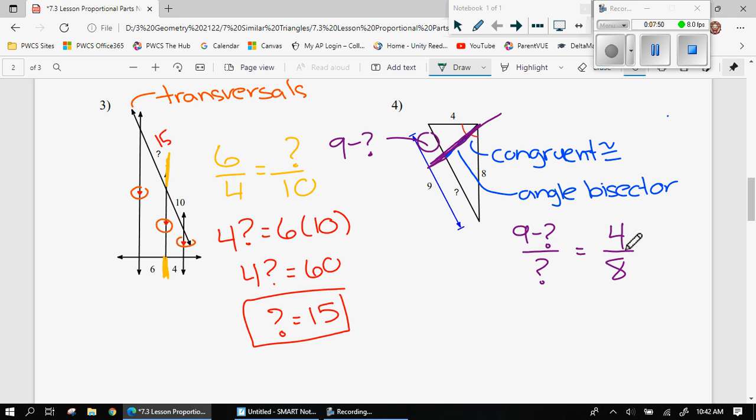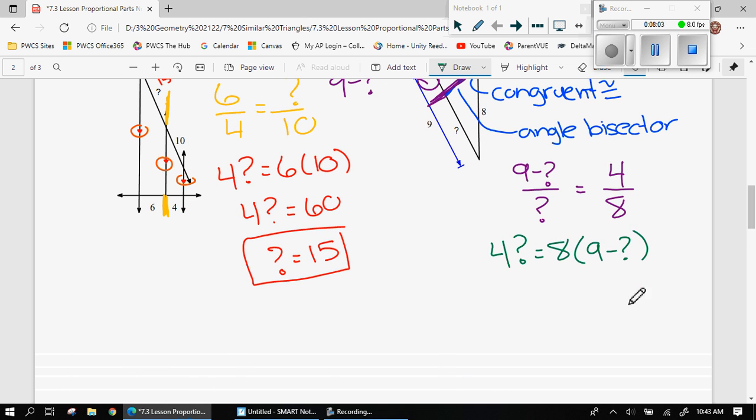So I'm going to cross multiply. I get 4 times question mark. And then I get 8 times this whole top of the fraction. So I'm going to put that in parentheses. It's very important. And now I need to do some distributing. So I multiply everything in here by 8. And now I have an equation I can solve.